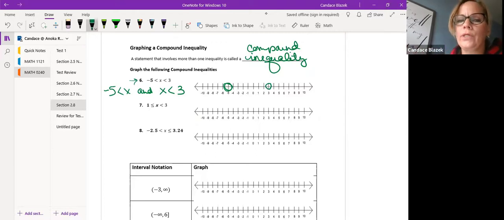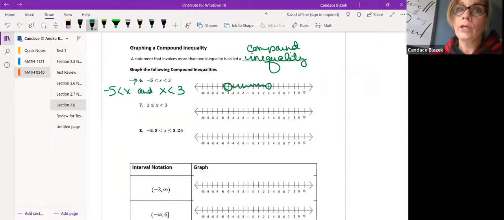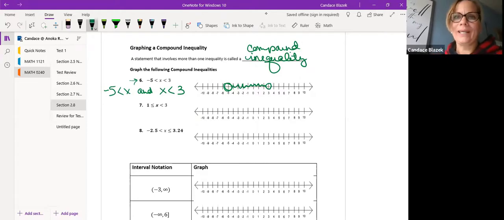We put a hole there as well because you don't have an or equal to with either of those signs. And then x is everything in the middle. So that would be the number line graph of -5 is less than x is less than 3. Now let's take a look at number 7.